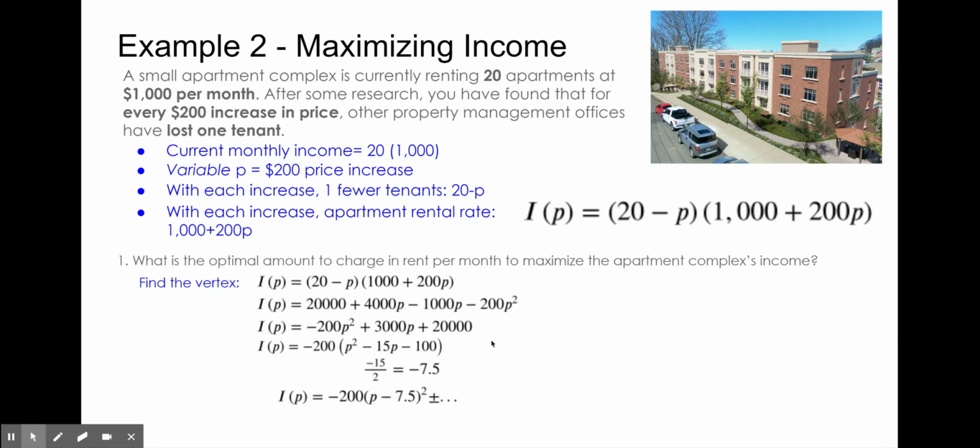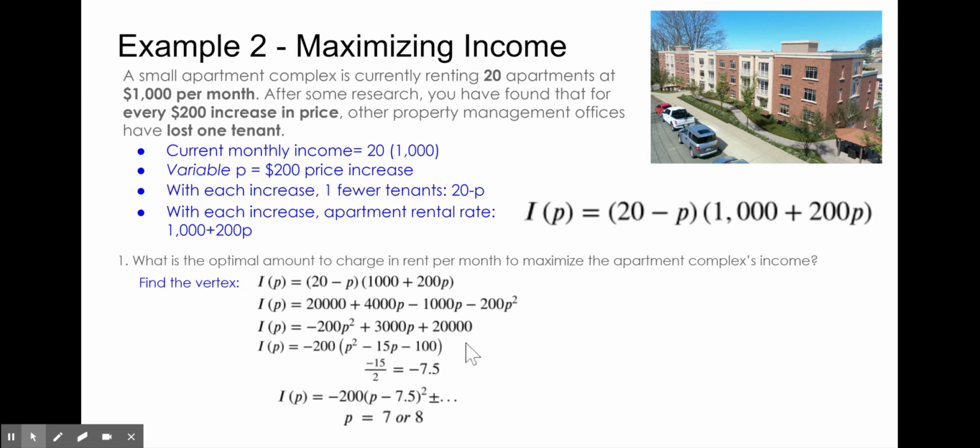However, we can't use 7.5 in this scenario because we can't have a partial apartment rented. So knowing quadratics, we know that either 7 or 8 will produce the same maximum income. And I chose to use 7, but you could have also used 8.